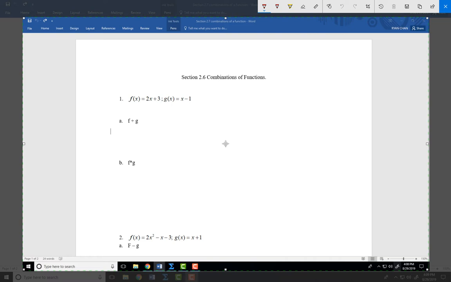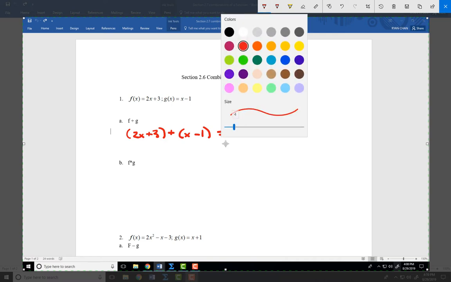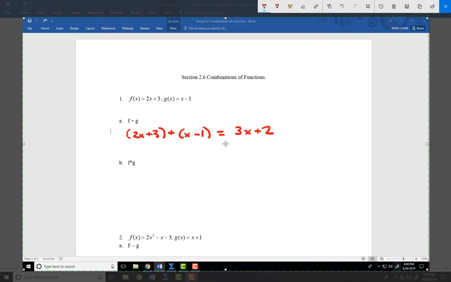If I add those together, I have 2x plus 3 plus x minus 1, and that equals 3x plus 2. Okay, and that's it. That'll be your answer for f plus g.